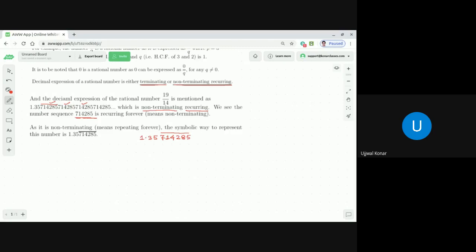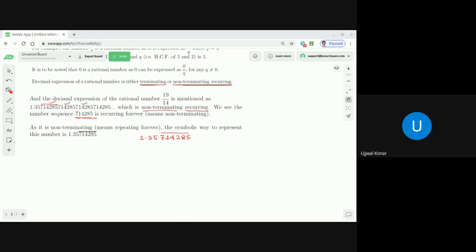And as it is recurring, the symbolic representation is to give a bar on the numbers which are repeating or non-terminating or recurring. All these words are synonyms in the context of the discussion.